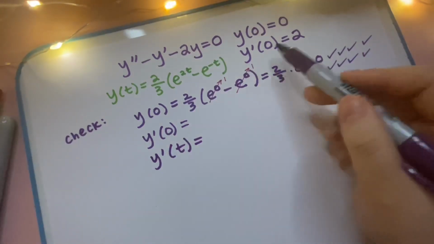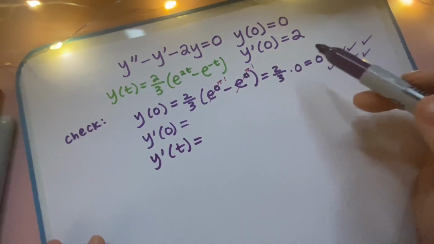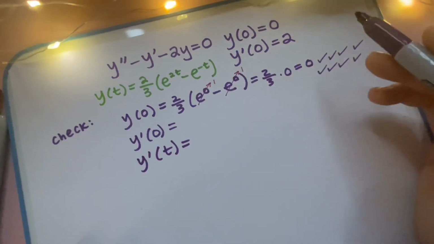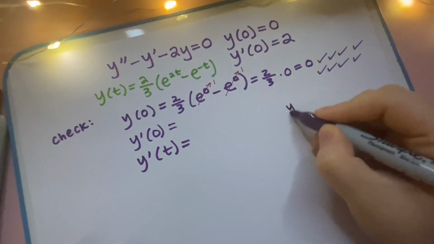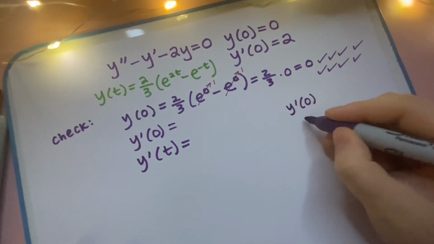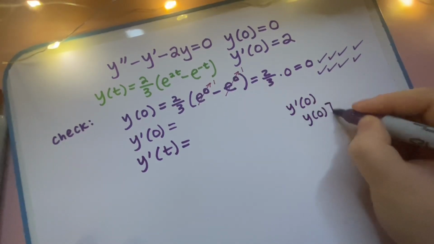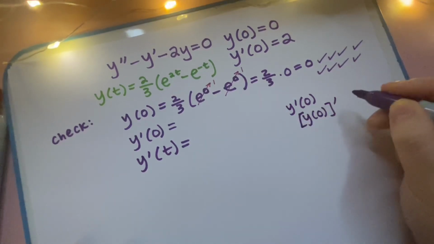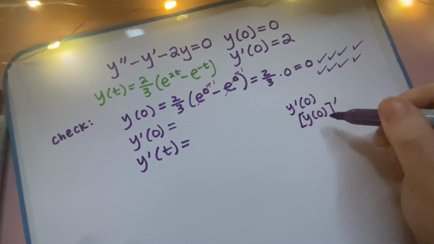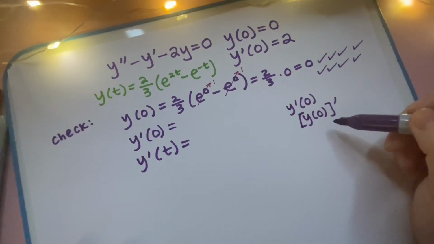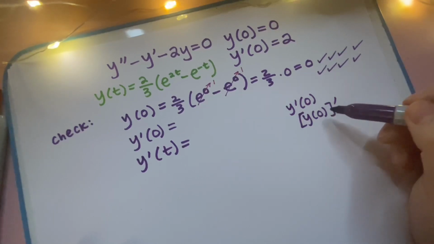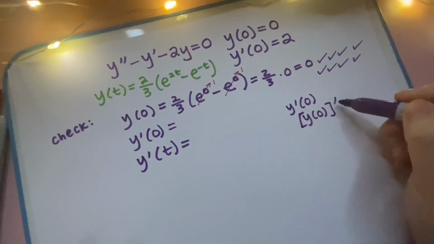Just in case this is something that has confused you in calc, y prime of 0 is not the same as y of 0 prime, because y of 0 is going to be a constant, and you might have learned that the derivative of a constant is 0, so this is going to be 0.